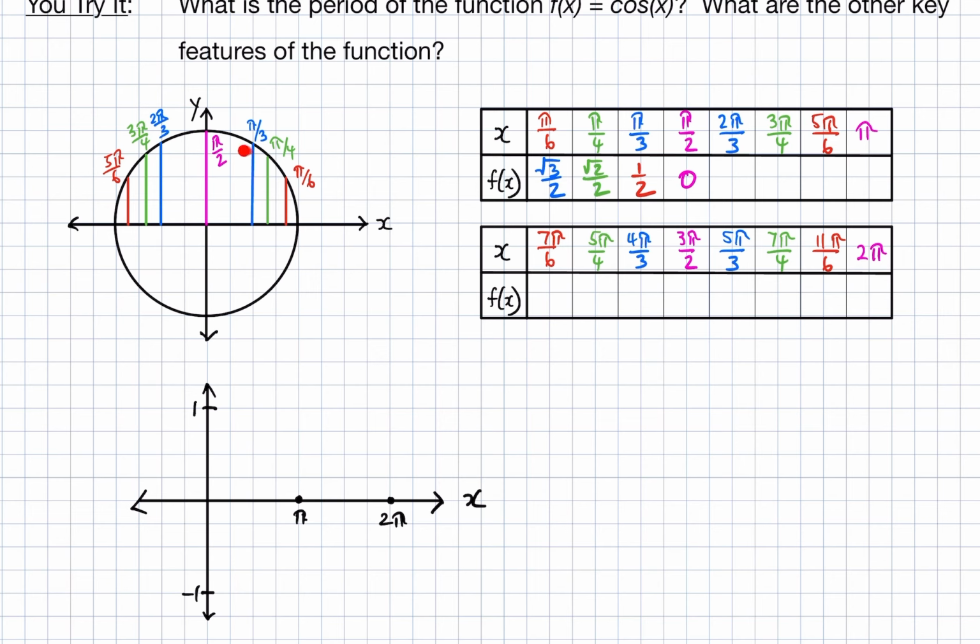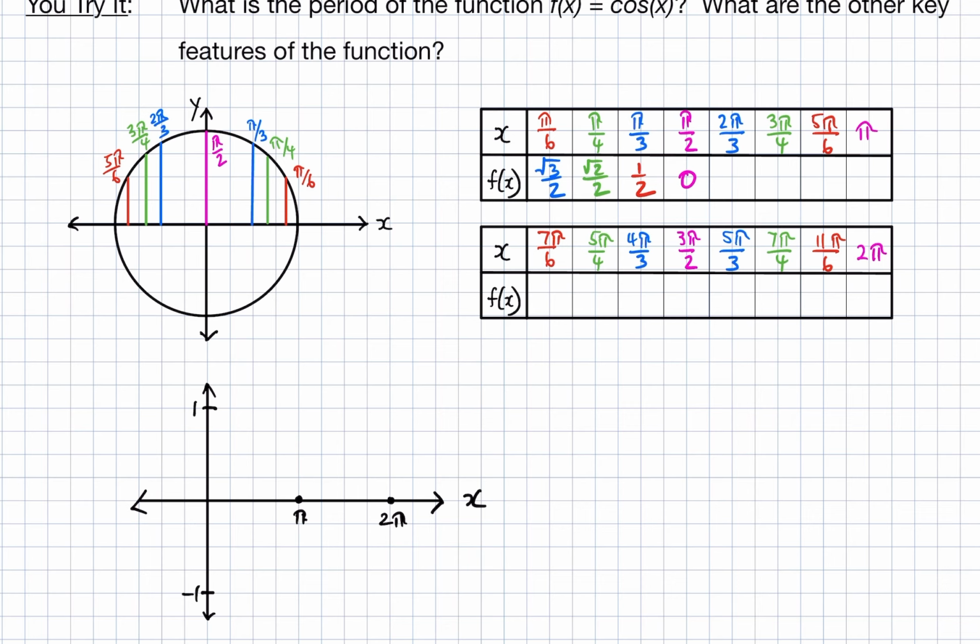So remember, cosine is positive in the first quadrant, so all these values are positive, and then cosine is negative in the second and third quadrant, and then positive in the fourth quadrant. So these values are going to be negative, and then these we will return back to positive.